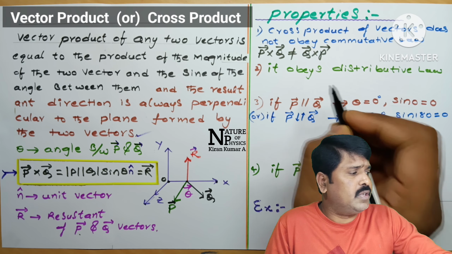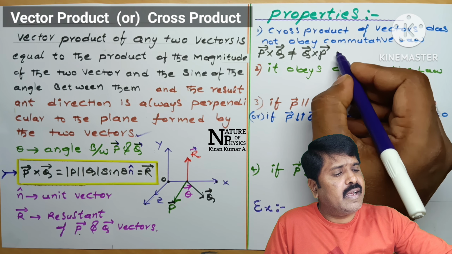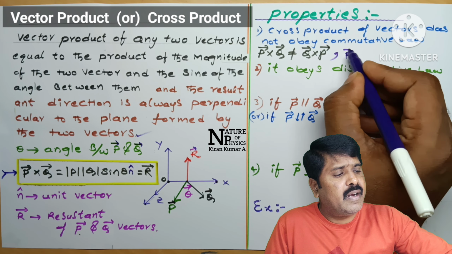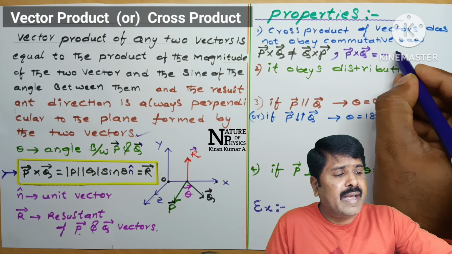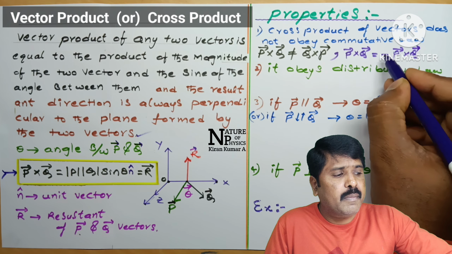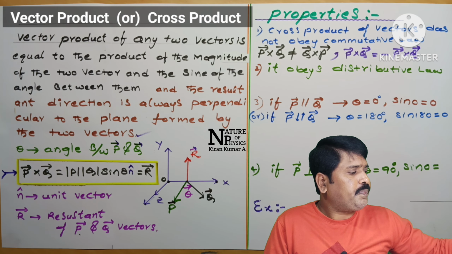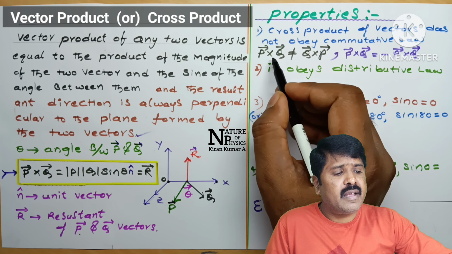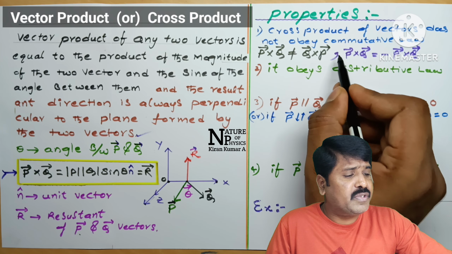And also, as a continuation step, we can write P bar cross Q bar is equal to minus of Q bar cross P bar. Minus represents the opposite direction. So P bar cross Q bar is not equal to Q bar cross P bar.